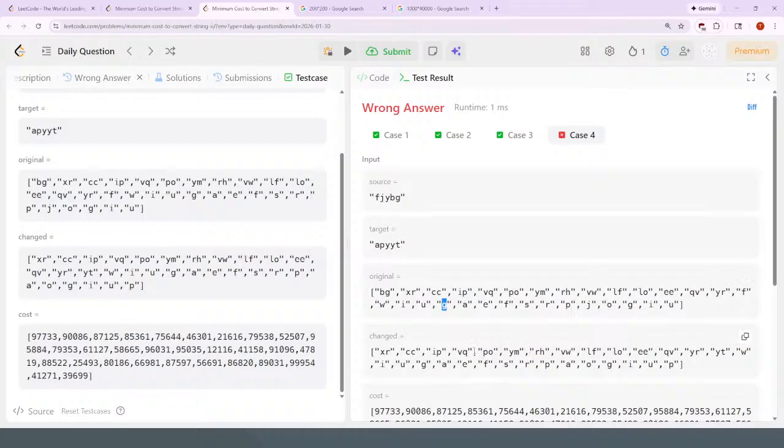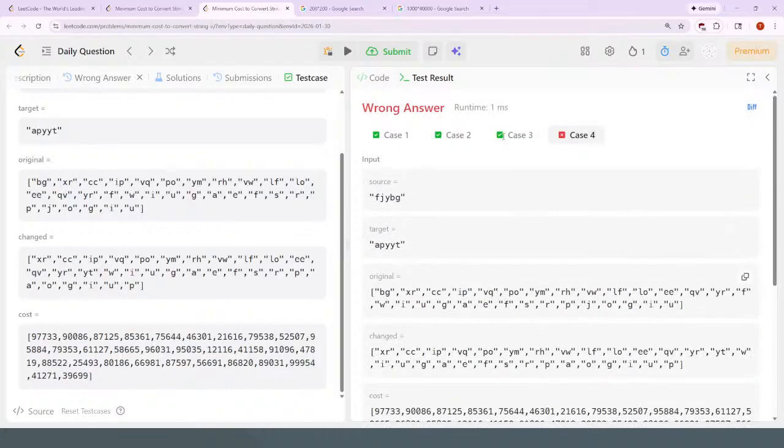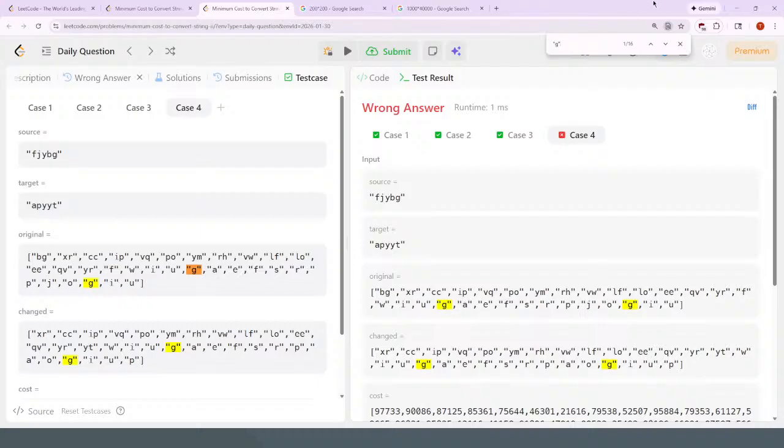Odd. There's actually no G to T. How did it do this?